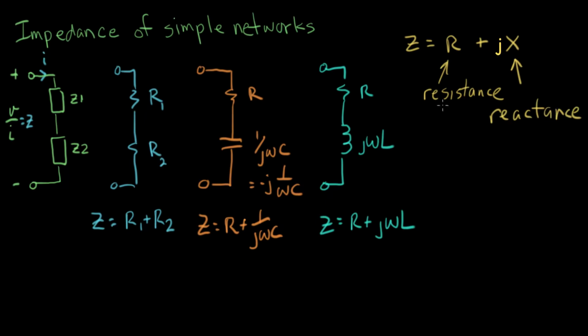We also talked about the inverse of resistance. 1 over resistance is called conductance. That's 1 over R. And 1 over X is referred to as susceptance.